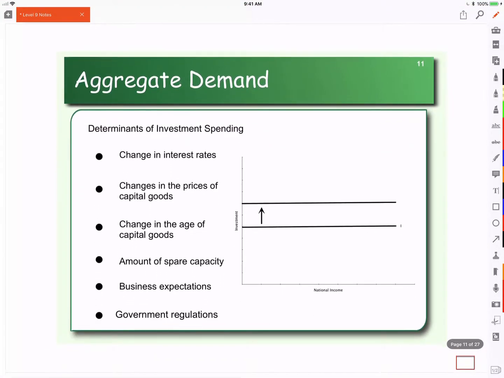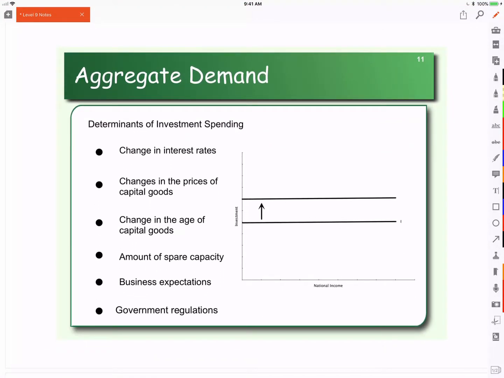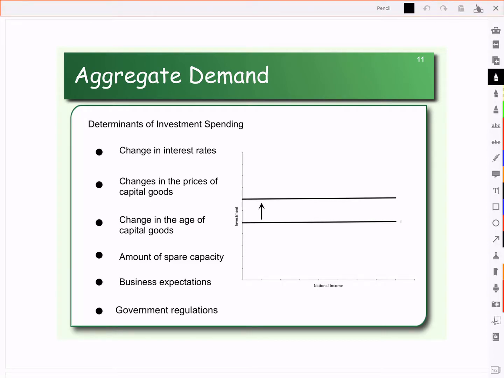So let's look at the determinants of investment spending. What would cause the investment function, which we found here was I equals 75, to shift up or down? So let's go through these. Let's start with a change in interest rates.